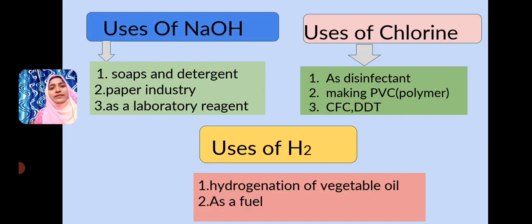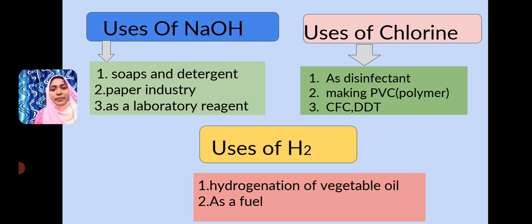Next, we have studied the properties and how the base gets prepared. Now we shall see the uses of sodium hydroxide, chlorine and hydrogen gas. Why do we use it? Sodium hydroxide, which is a base, is used in soap and detergent, in paper industries, and as a laboratory reagent.